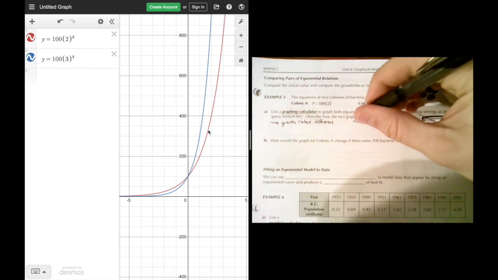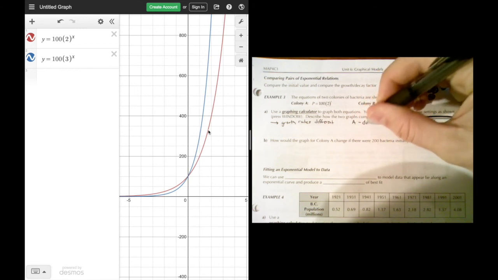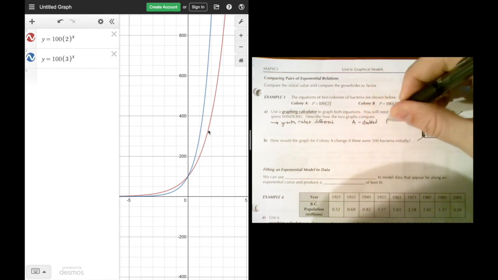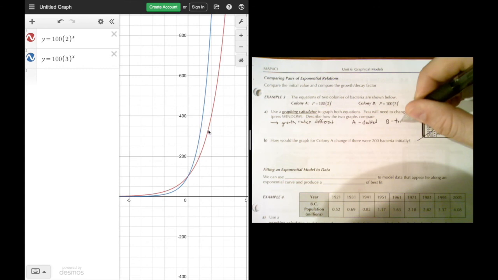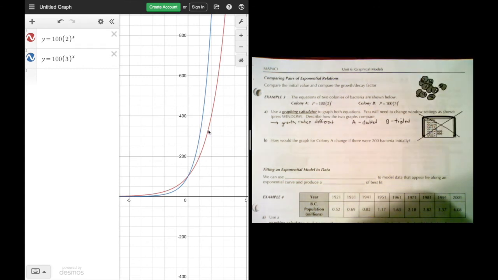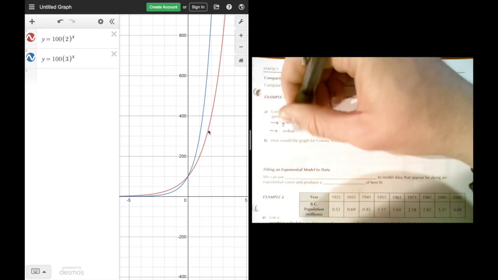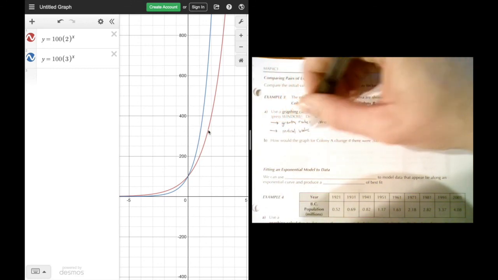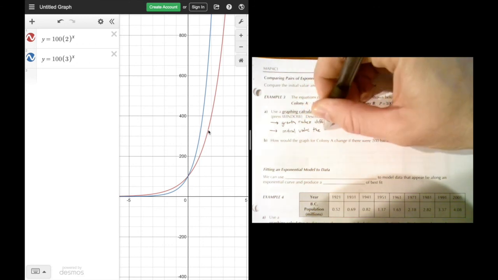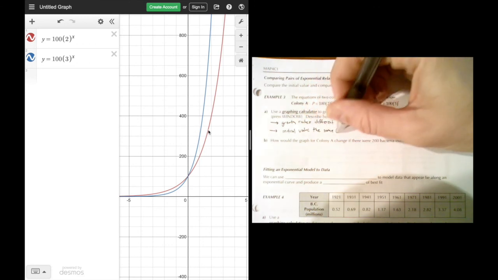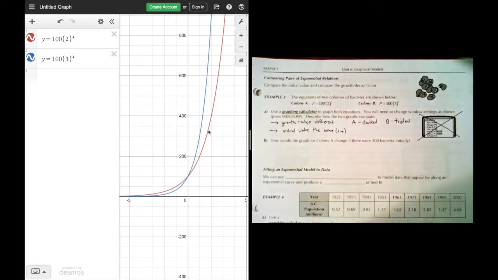So what's happening? Well, A is being doubled, and B is being tripled. But the initial value is the same. They're both 100.